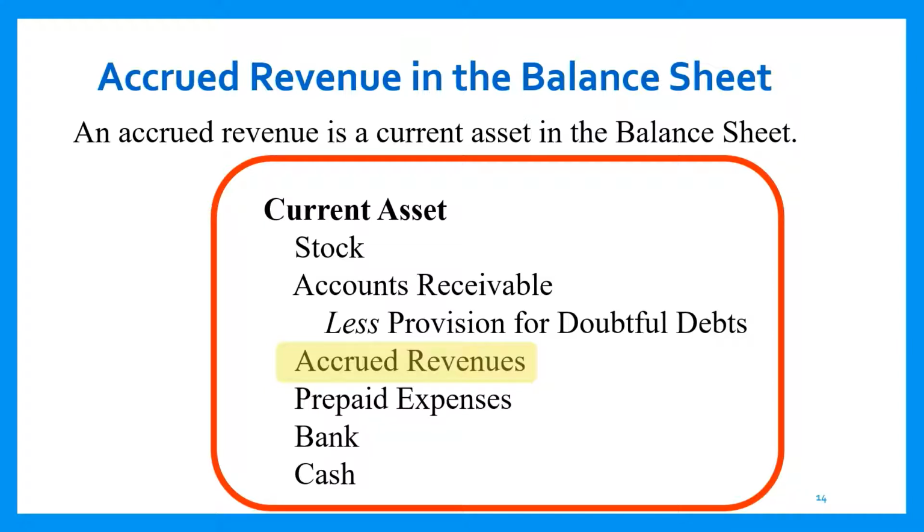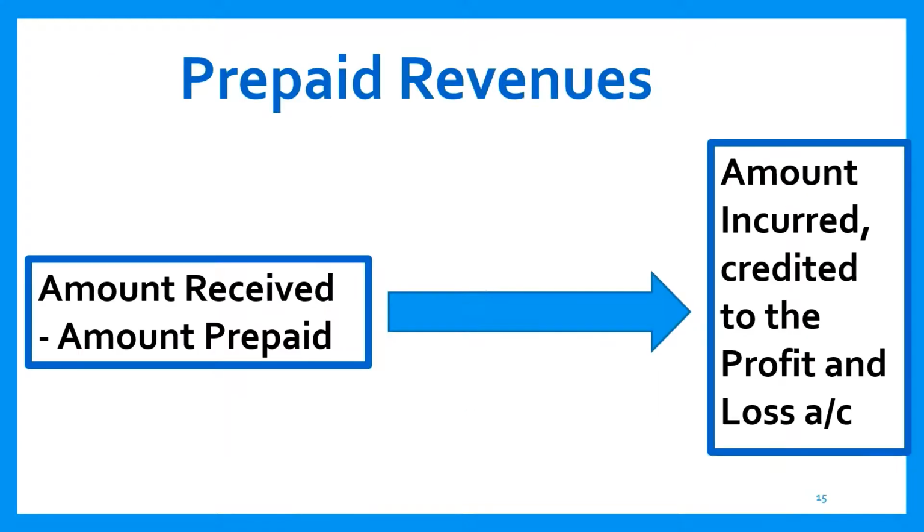Prepaid revenues. If revenue is received in advance, the amount prepaid must be subtracted to arrive at the current value to be shown as a credit entry in the profit and loss account.